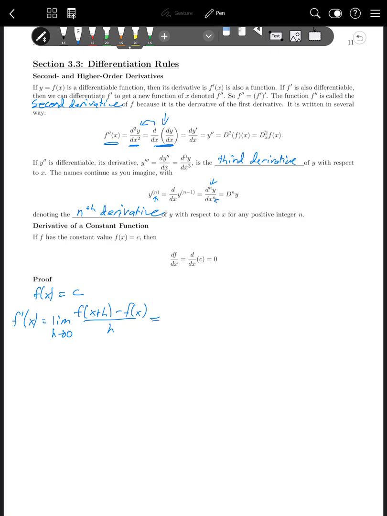Okay? And now f of x plus h, f of any value, when you have a constant function, is c. So this would be c minus c over h, the limit of that as h approaches 0. c minus c is 0, so that's the limit as h approaches 0 of 0 over h, which is the limit as h approaches 0 of 0, which is just 0. And so we can see that if we take the derivative of a constant function, we always just get 0 out.